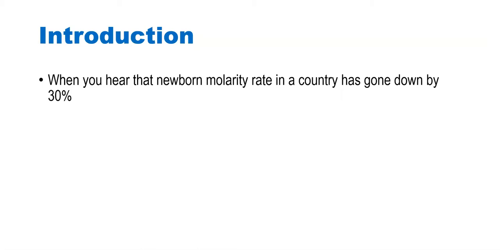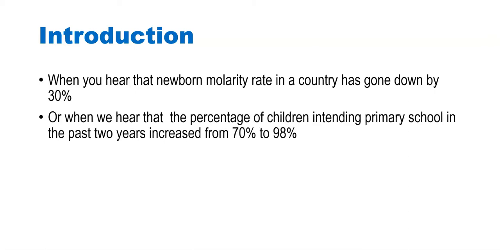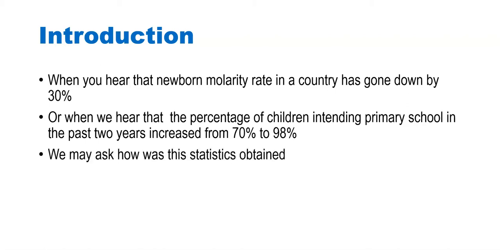When you hear that the newborn mortality rate in a country has gone down maybe by 30%, or that the percentage of children attending primary school in a certain country, maybe in our country, has over the past 2 years increased from 70% to 80%, one may ask, how were these statistics obtained?